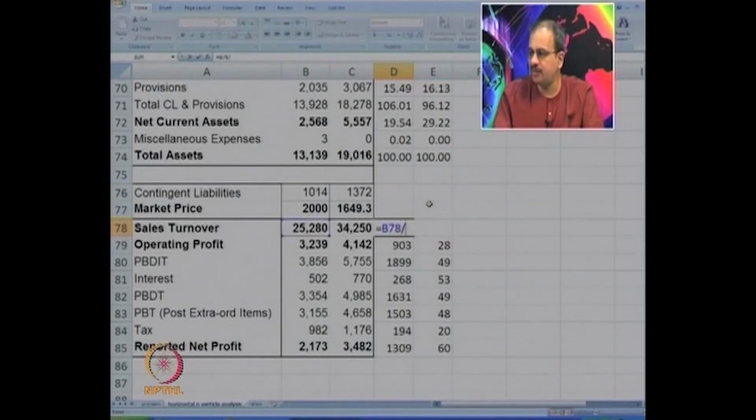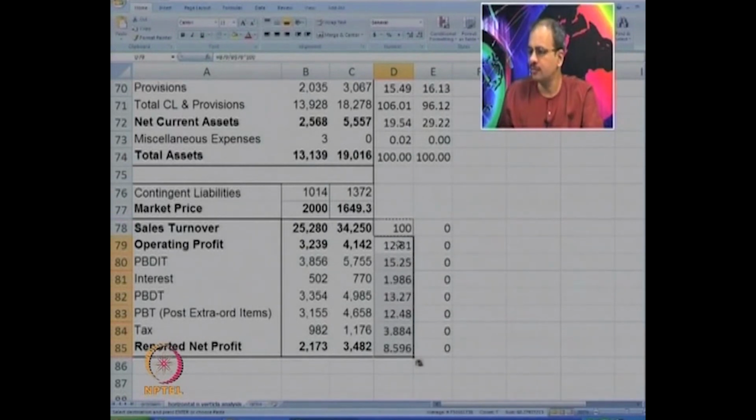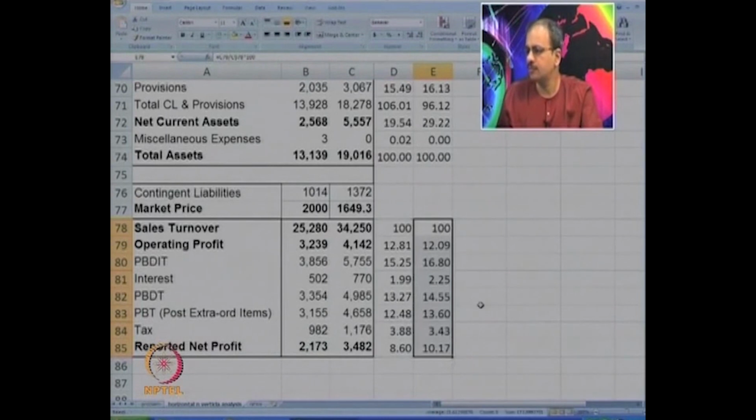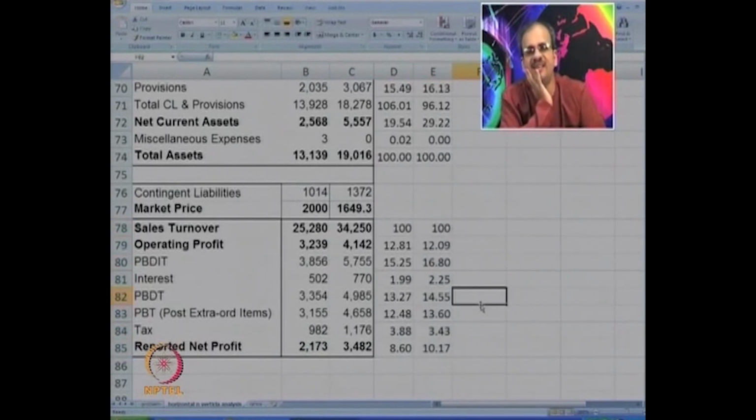So, each item will be divided by the sale turnover and multiplied by 100 because we are trying to get the percentage. Hope it's clear.